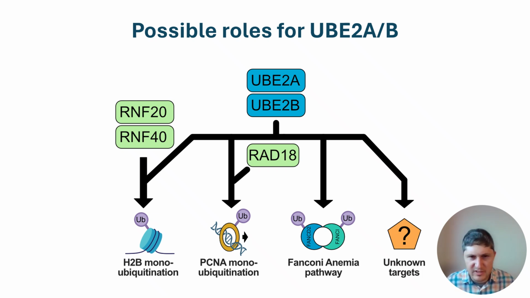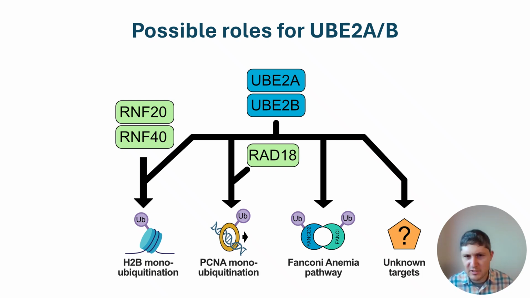So one possibility is that UBE2A and UBE2B interact with RNF20 and RNF40. This is a well-known interaction. Together, they monoubiquitinate histone 2B, and this is an activating chromatin modification. And so it's been previously thought that possibly this modification could enhance HDR through basically relaxing the chromatin and opening it up, making it more accessible.